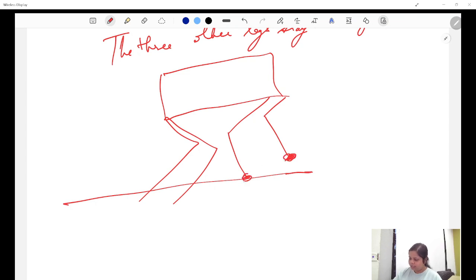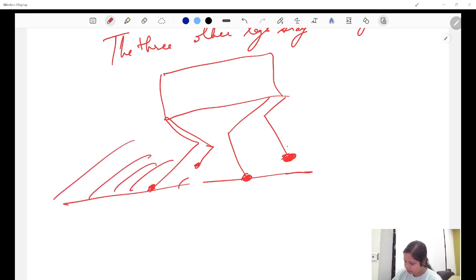All the other legs are placed on the ground. So if one is lifted and the others are staying on the ground, these three will actually form a support triangle. If you can imagine this complete thing as a plane, then it would be somewhat here, and it would form a support triangle.